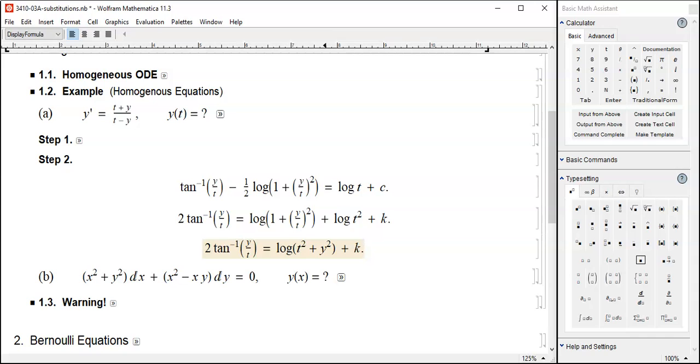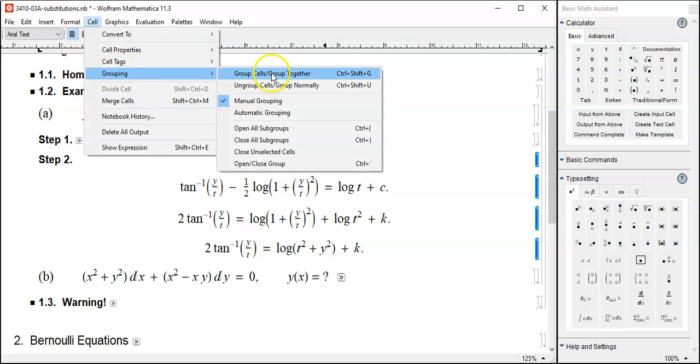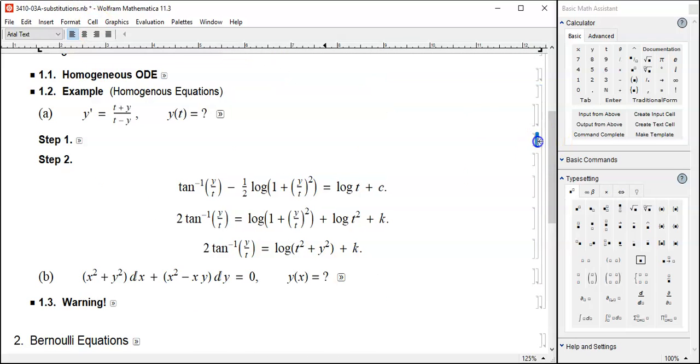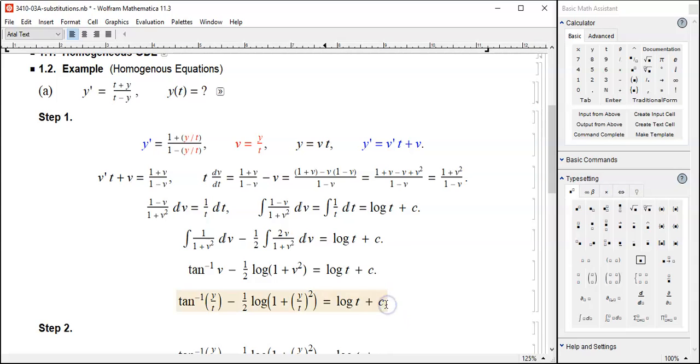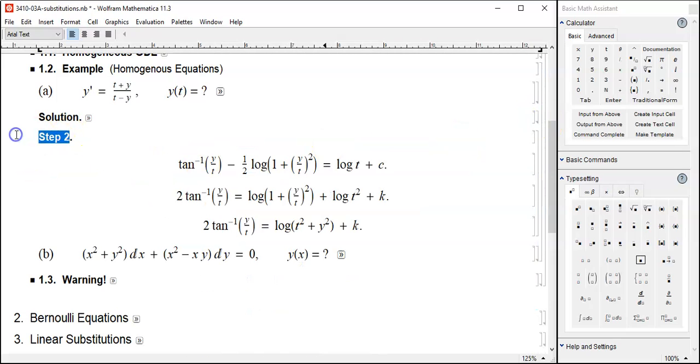And that, I will say, is the final form. So this is actually okay. It's an implicit solution, not perfect because we have some domain issue here, but I'll say this is a solution. And then this one is some further manipulation or simplification.